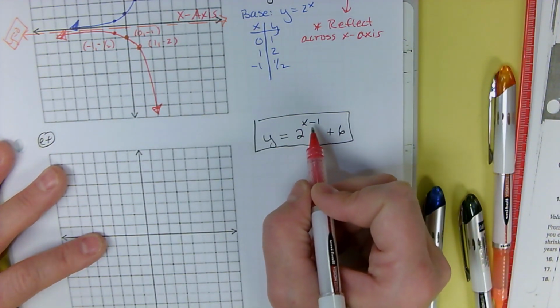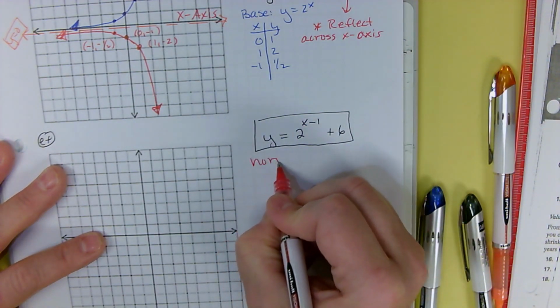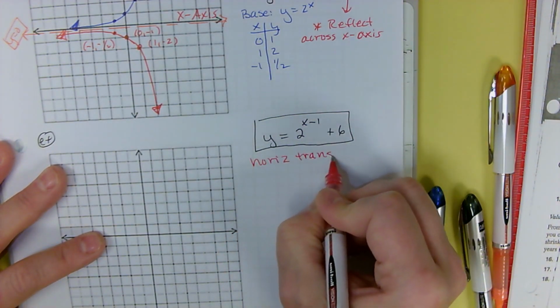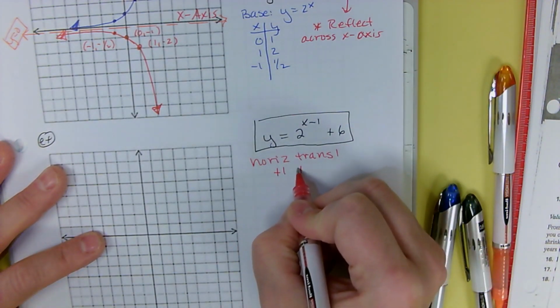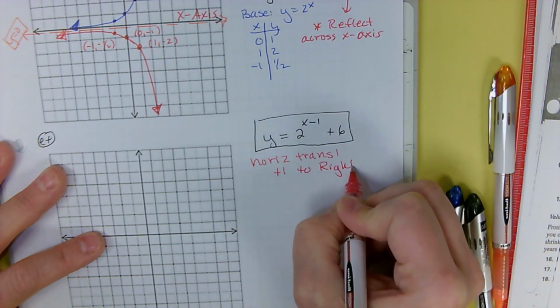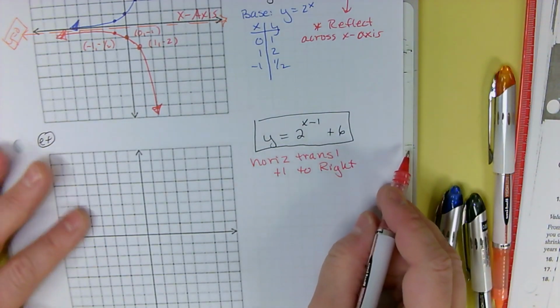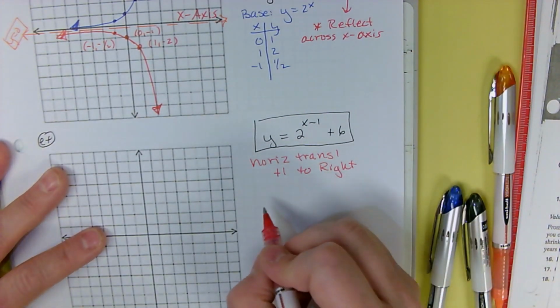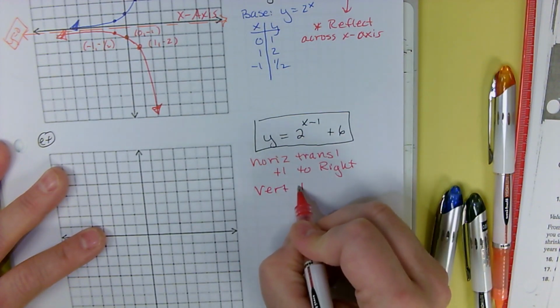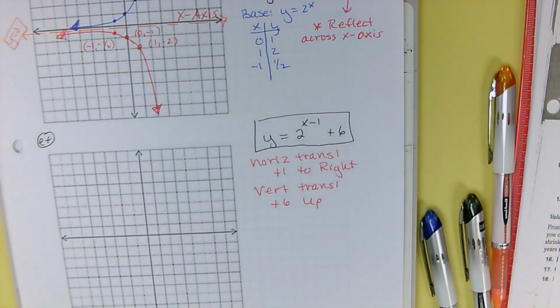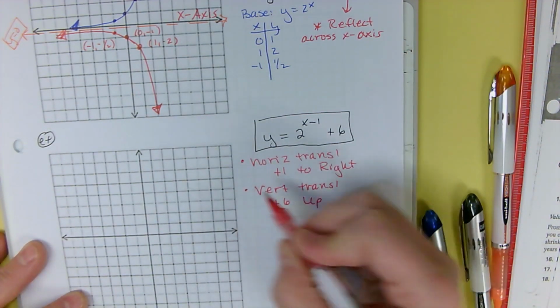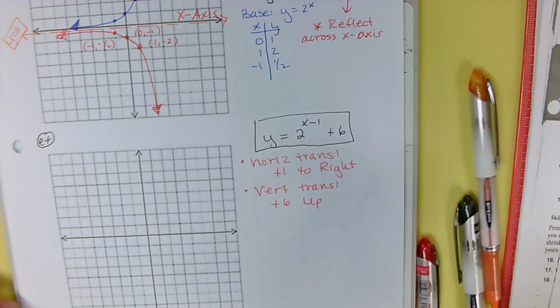If you add or subtract a number to the x, it's a horizontal translation. And remember, horizontal is always opposite. So plus 1 to the right. And then if there's a number added or subtracted to the outside, that's a vertical translation. So vertical translation plus 6, up. And with verticals, what you see is what you get. Horizontals are the only ones that are backwards.